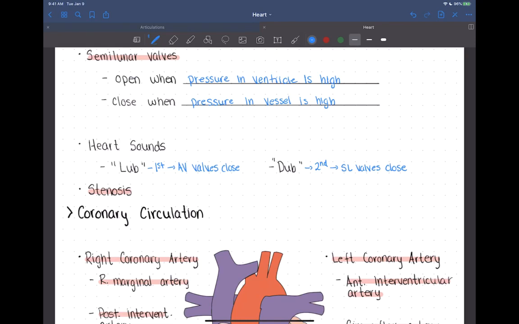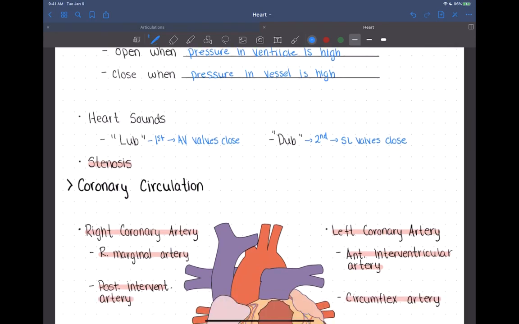Okay, and so then you can also, with valves, have some problems, all right? And one of those would be a stenosis, okay? So a stenosis is a narrowing of a valve. And so narrowing of a valve typically would come from kind of accumulation or deposits of things like calcium crystals or scar tissue on the valve itself, causing that opening, that valve to narrow.